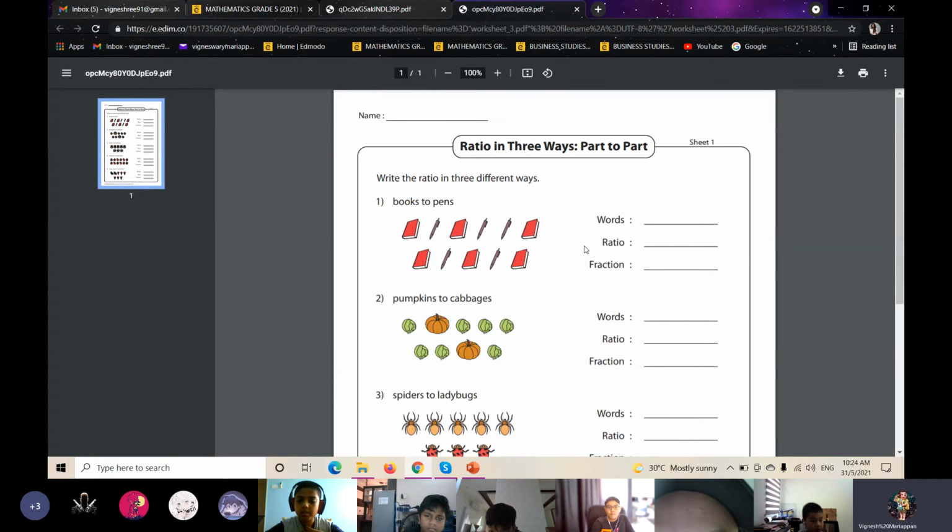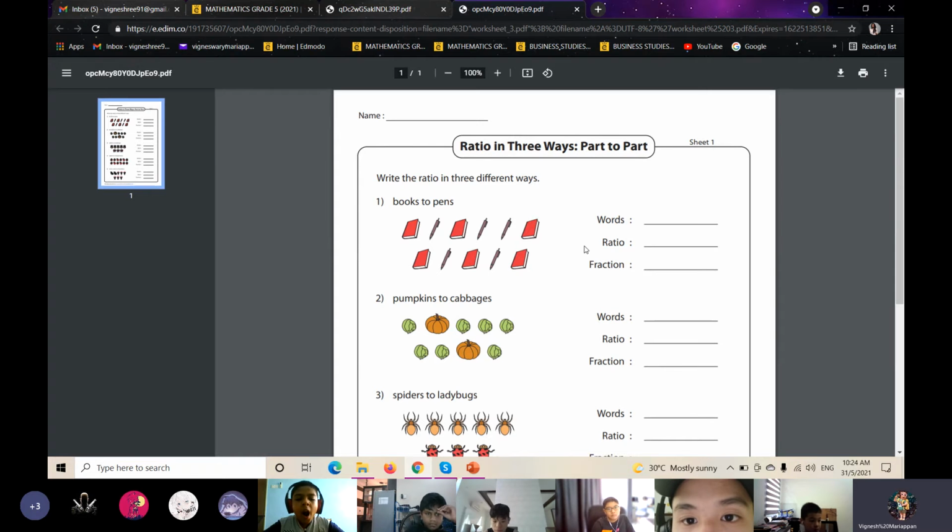Ratio 6 to 5. Fraction 6 over 5. Yes, but please try to differentiate the words and ratio. Words, you have to write TO. Yes, the ratio, even though we call it as 6 to 5, but the ratio form is the 2 dots. Remember?